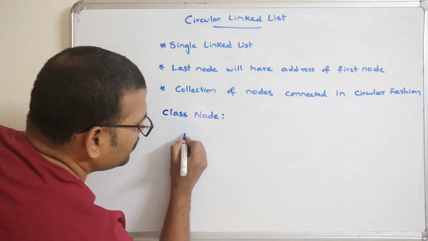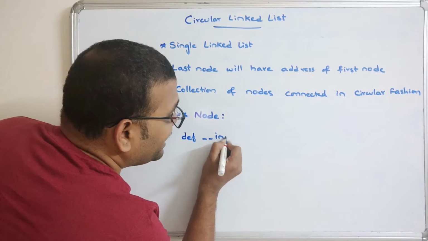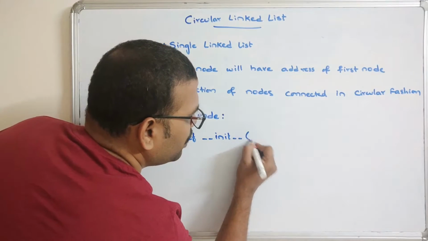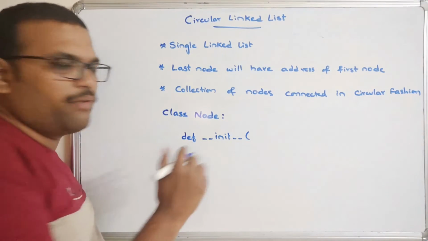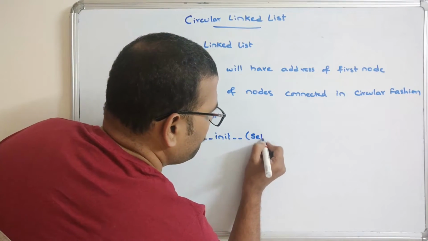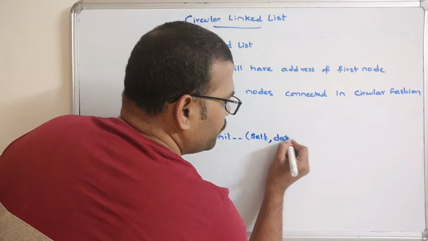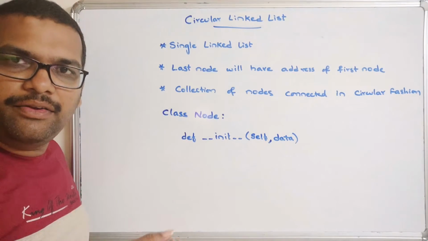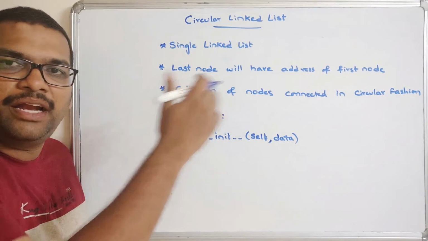Here the constructor will be in the format __init__, and for every function including the constructor, the first parameter will be self. And for the data, we need to give the input. In our example we have seen 10, 20, 30.